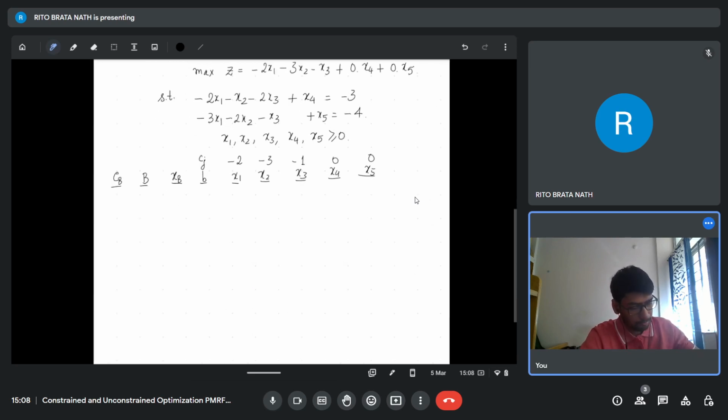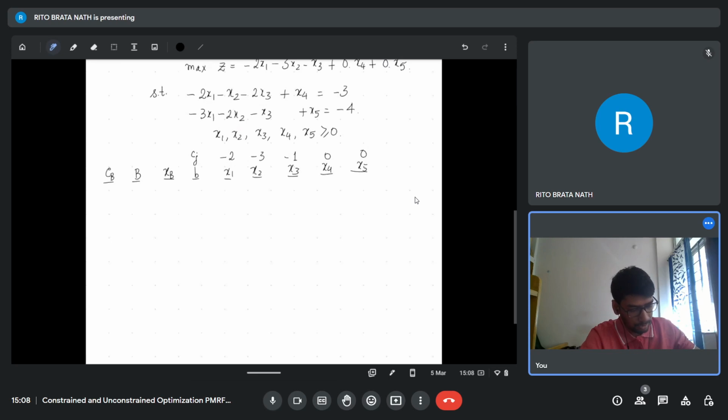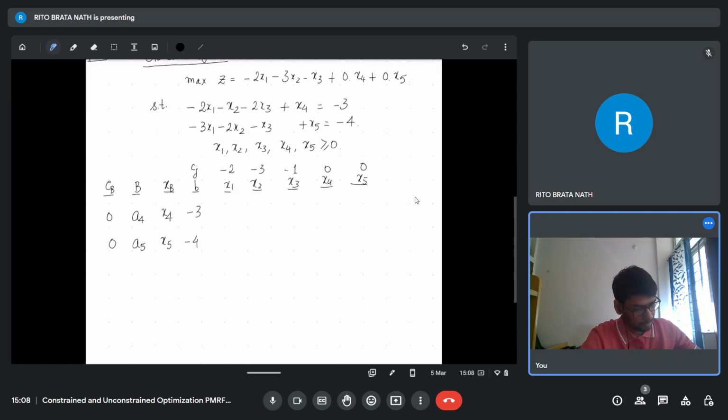Initially, only x4 and x5 will be in the basis, so you can write down x4 and x5 here, with the coefficients corresponding to these being 0. The right hand side values are minus 3 and minus 4. The rest is pretty standard, so you can fill this up. These are the coefficients of the constraints.